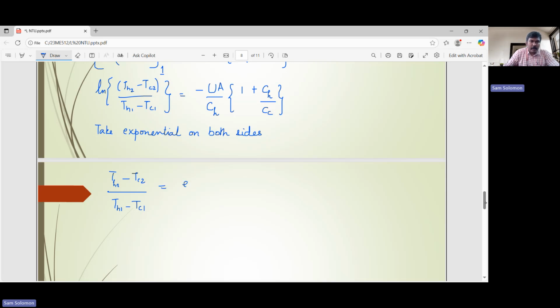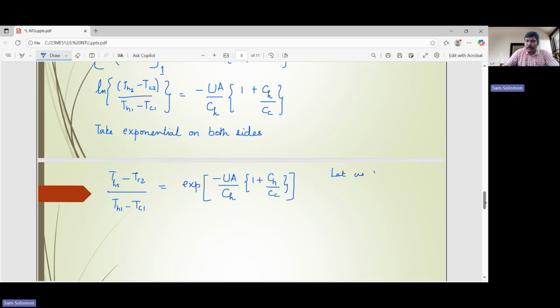And over here, I'm going to get exponential of minus UA by capital CH multiplied by 1 plus CH by CC. Okay. And now let us make an assumption.